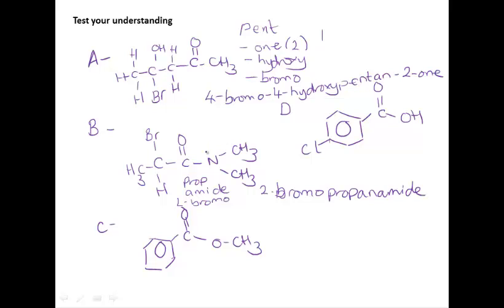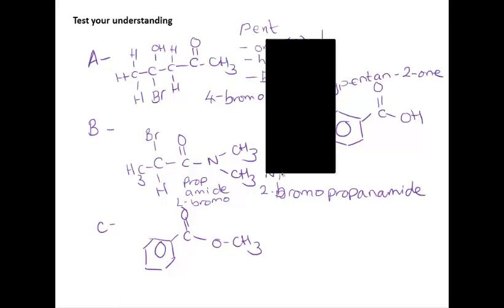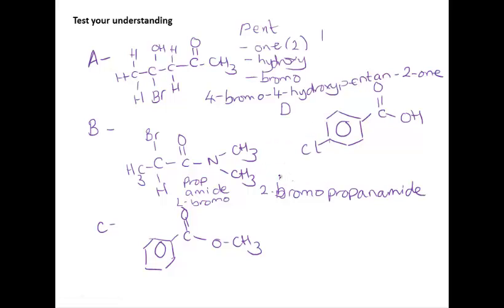We haven't, however, dealt with these methyl groups here. There's 2 methyl groups on the nitrogen, so we're going to have dimethyl, and we're going to have to say that it's on the nitrogen, so we're going to have N,N-dimethyl. 2-bromopropanamide, and then we've got to decide on an order for this, and if we're going to go for alphabetical, then this N,N-dimethyl needs to go in the middle here.